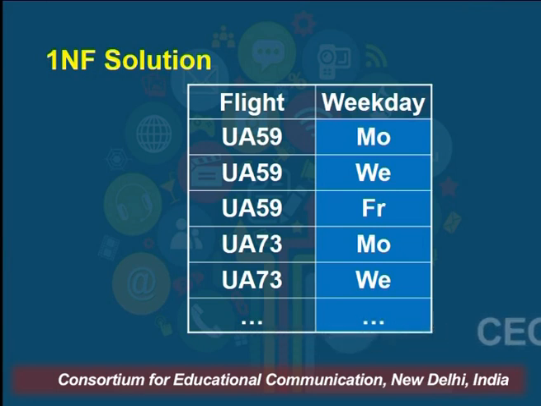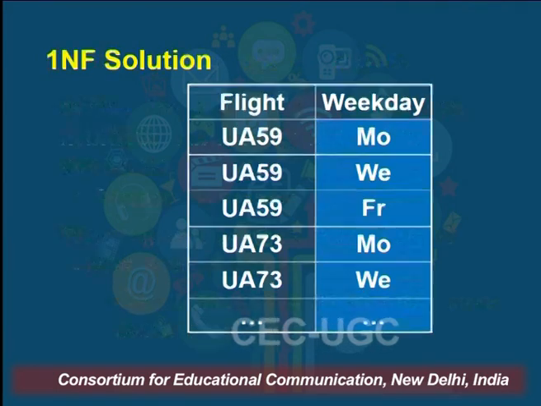So one solution is: flight number UA 59 on Monday, then UA 59 on Wednesday, then UA 59 on Friday, then UA 73 on Monday, UA 73 on Tuesday, Wednesday, Thursday, Friday, and so on. So this is one idea by which we make a database comply with the constraints of the first normal form.